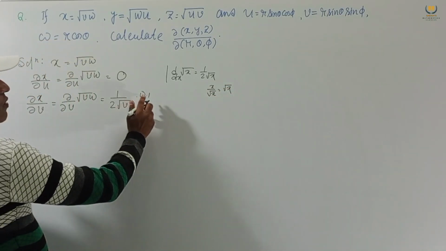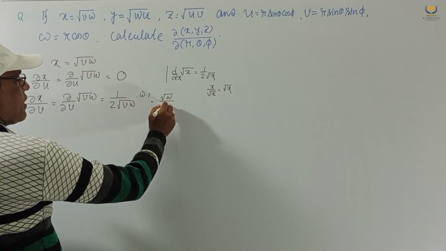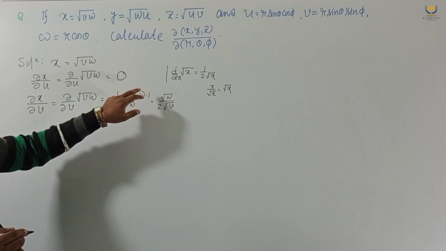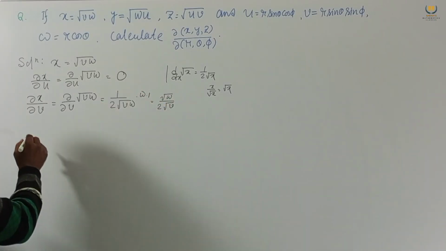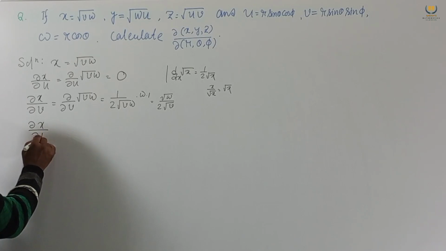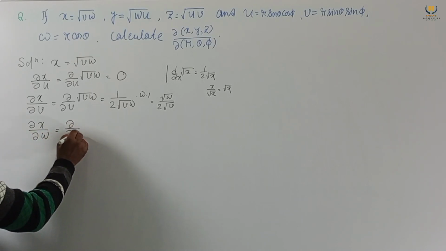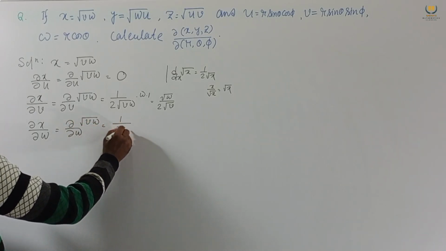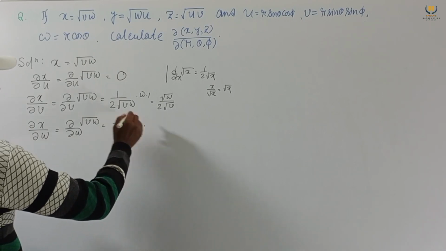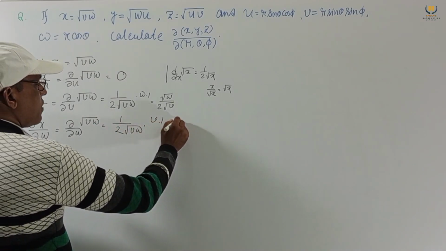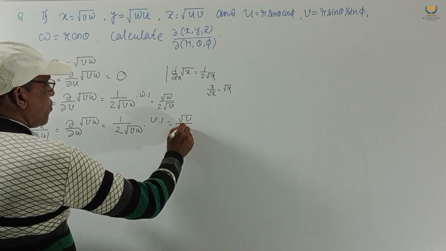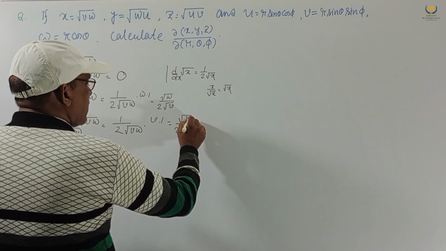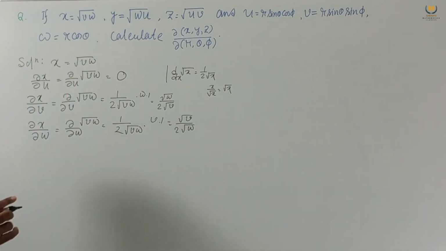So w by root w, equal to root w by 2 root v. Similarly ∂x/∂w, we get root v by 2 root w. So x is over.